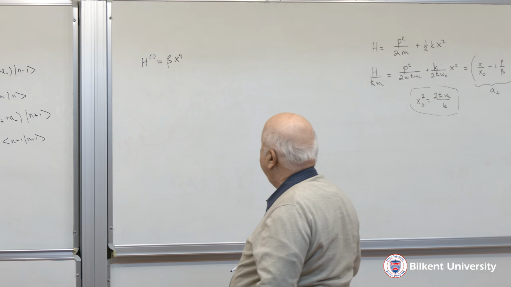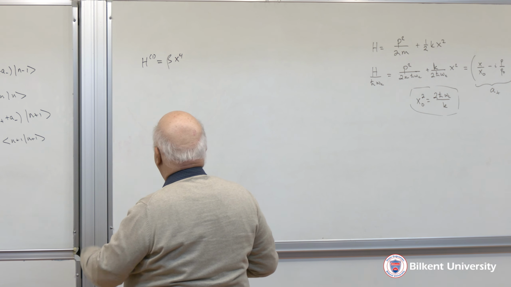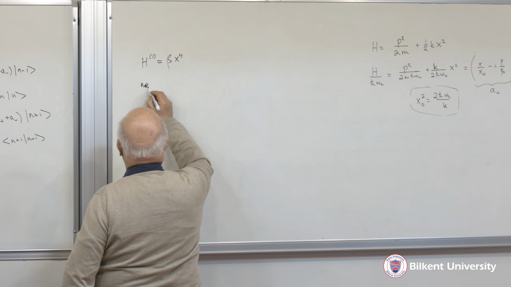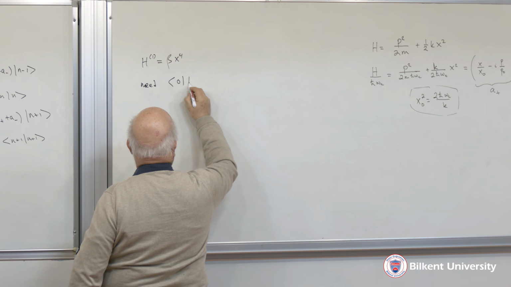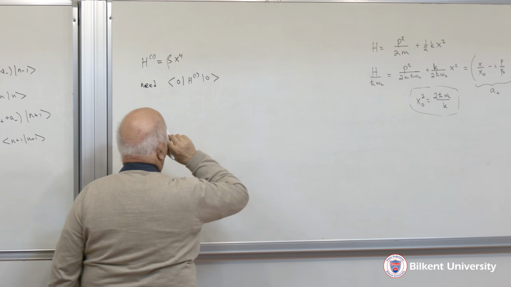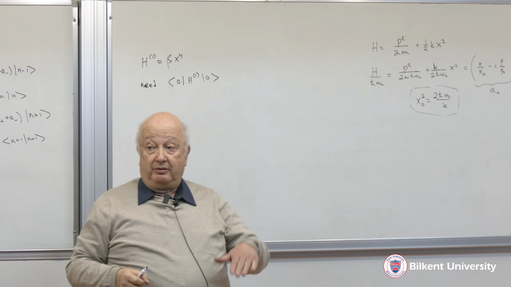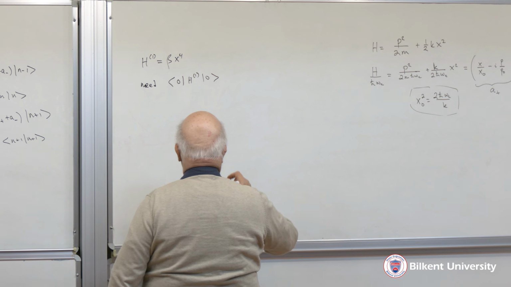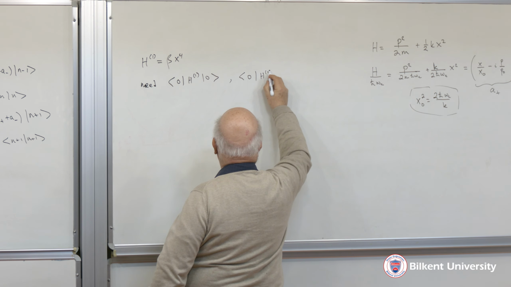So now I need certain matrix elements. Okay, so in order to calculate this, I'm going to need things which look like <0|H1|0>, right? So this is going to be the first order change, but for the second order change and such things, I'll need <k|H1|0>.